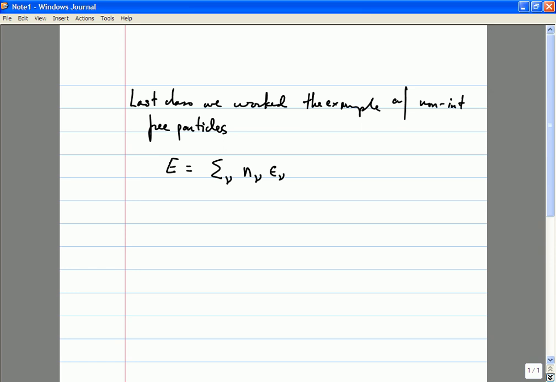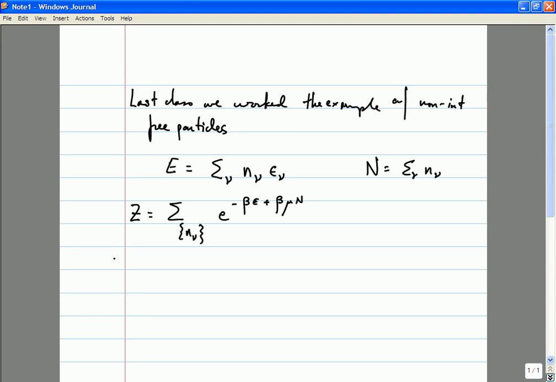Okay. And this allowed us to easily compute the partition function of the theory, which is the sum over all allowed configurations of the system of e to the minus beta E plus beta mu N, where N is the total number of particles, the sum over nu of n nu, beta is the inverse temperature, and mu is the chemical potential.